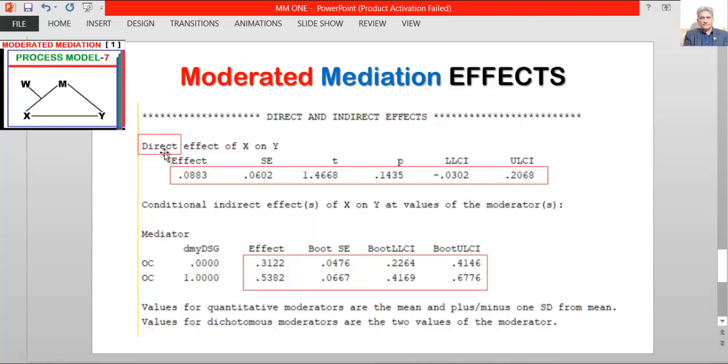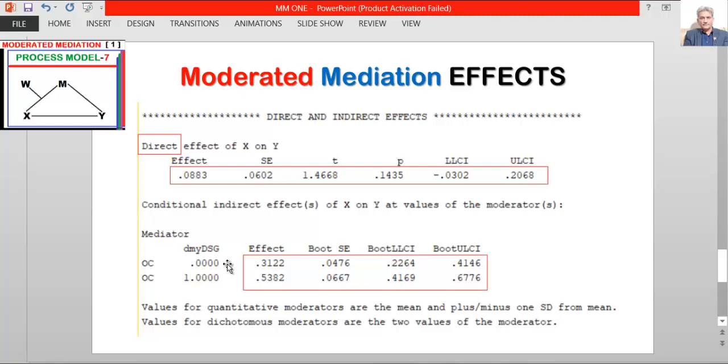So there is no direct or significant direct effect of X on Y from simple. Now we have used a mediator and a moderator to check whether these two variables are playing some role in the process of X affecting Y.